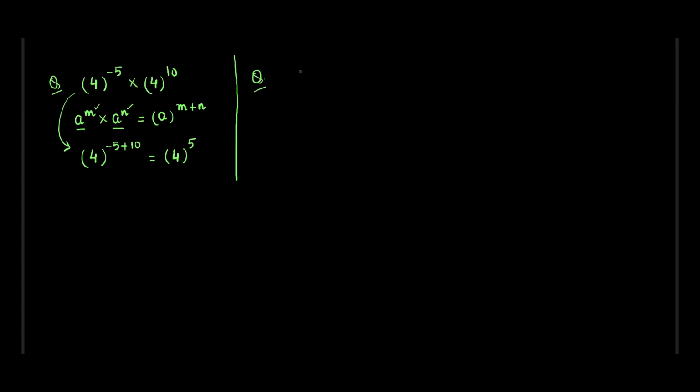Now suppose you have to express the value of 4 to the power minus 3 in terms of base 2. In that case, this 4 can be written as 2 to the power 2 and the external power is minus 3.